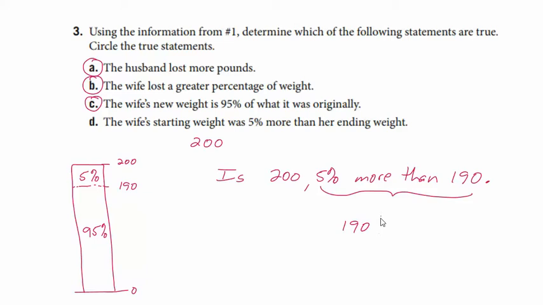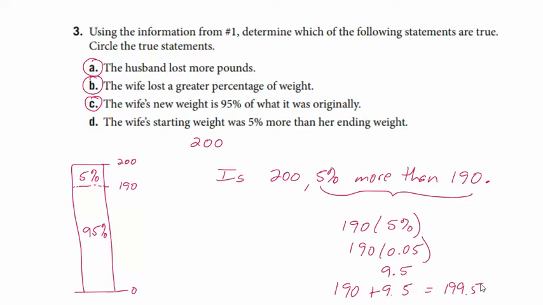So if I took 190 and multiplied that by 5%, or 0.05, you can punch that into your calculator, 190 times 0.05 is 9.5. So 5% more than 190 would be 190 plus 9.5, which is 199.5, not quite 200.